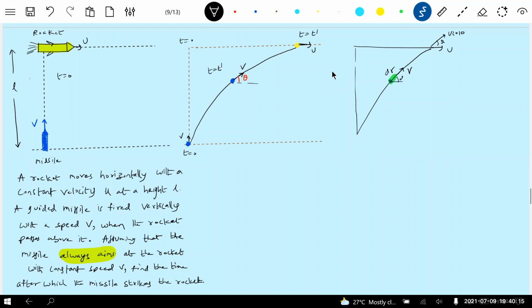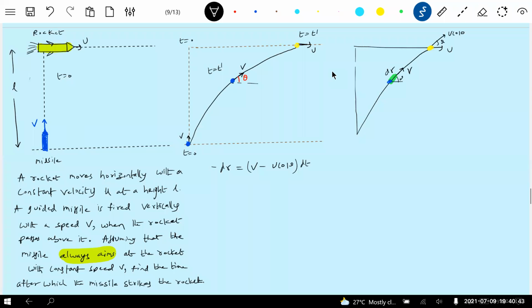Now I'll write this down. What will happen to dr with time? Initially it was L, and finally it becomes 0, no? Finally the missile is going to strike the rocket. So let's write the relative velocity equation: dr bar equals (V minus u cos theta) into dt.